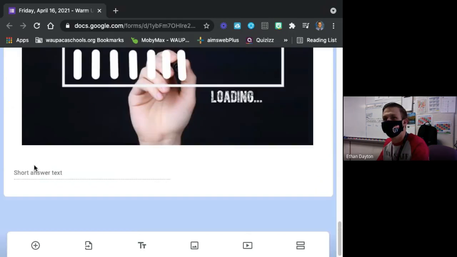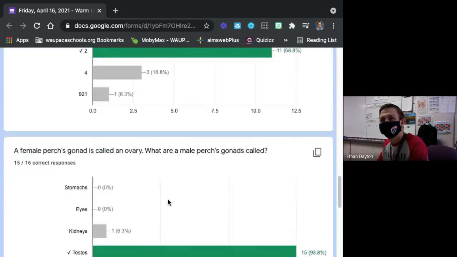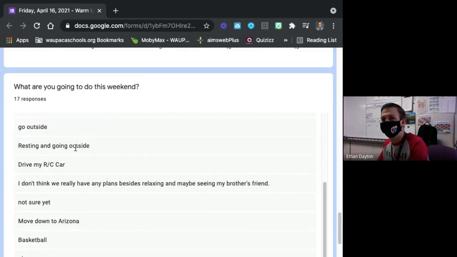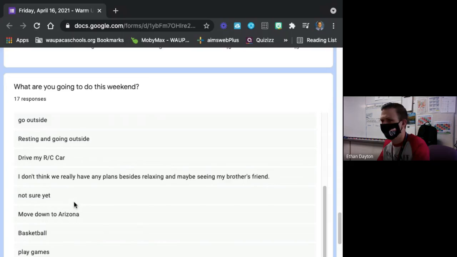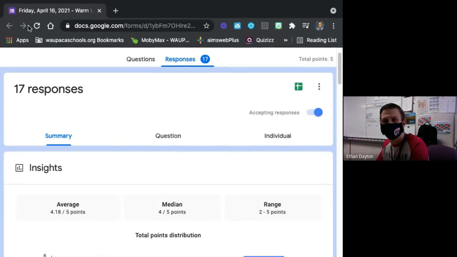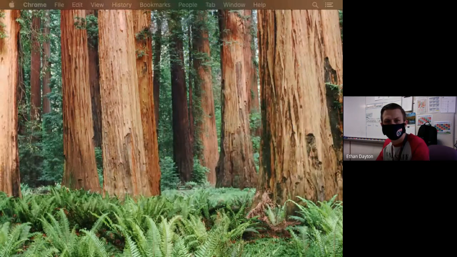Esophagus, yeah. Anybody want to share what they're doing this weekend? Austin, you got a baseball tournament? Who's working? Who's reading a lot? Love that. Who's moving to Arizona? Emily, are you moving to Arizona? I can't hear you, unfortunately. I'm going to a Magic the Gathering tournament this weekend. Where's that at?